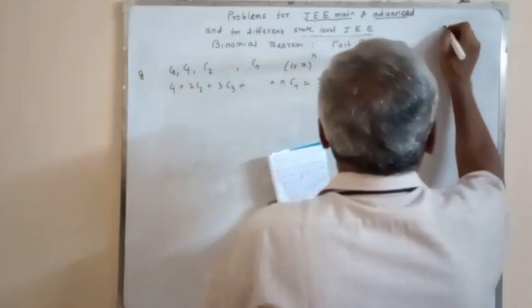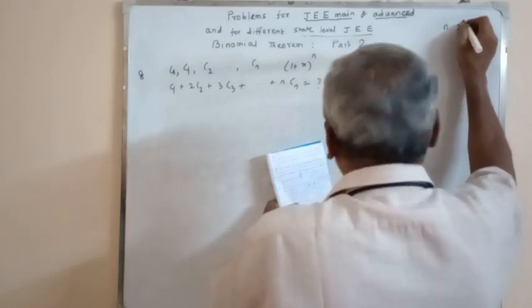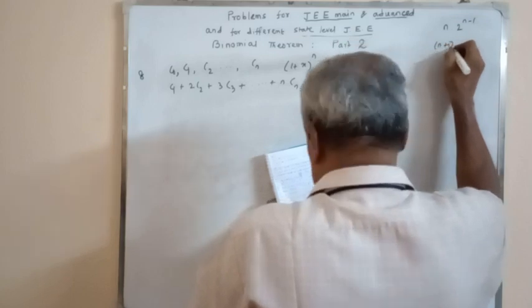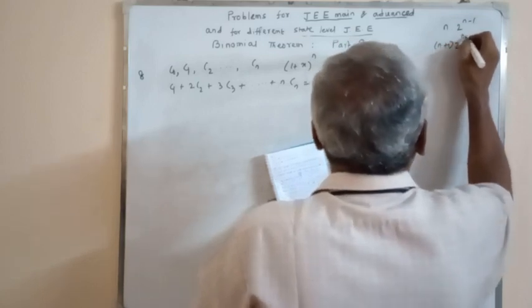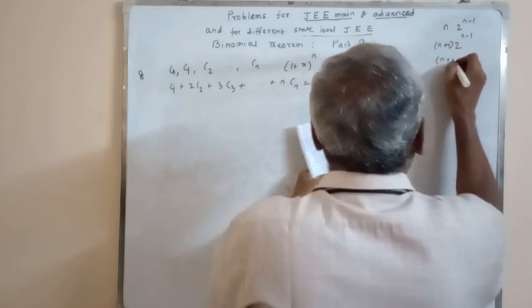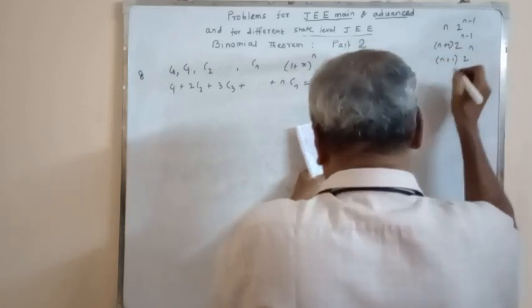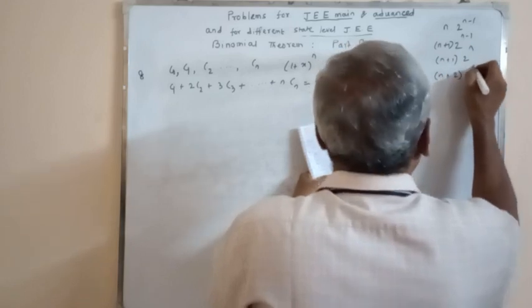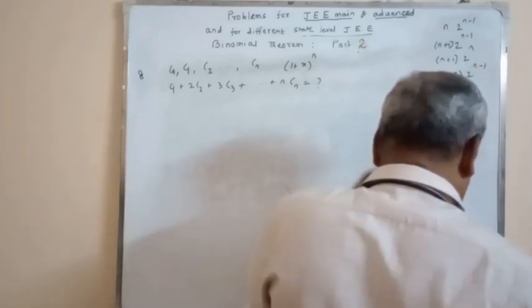Options: n into 2 to the power n minus 1, n plus 1 into 2 to the power n minus 1, n plus 1 into 2 to the power n, and n plus 2 into 2 to the power n minus 1.